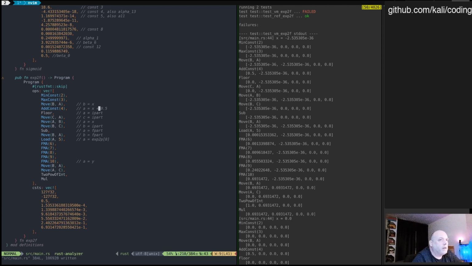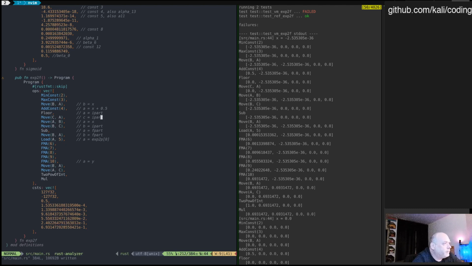We're adding 0.5, so as we are in float and this is a super small value, then 0.5 wins. Alright, the floor is 0, expected. We're moving the integer part into C, which does nothing because it was already 0.